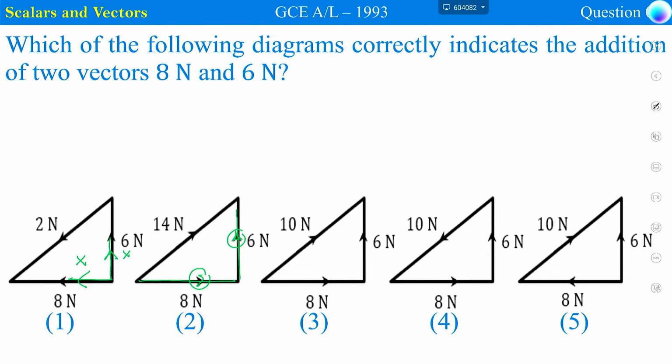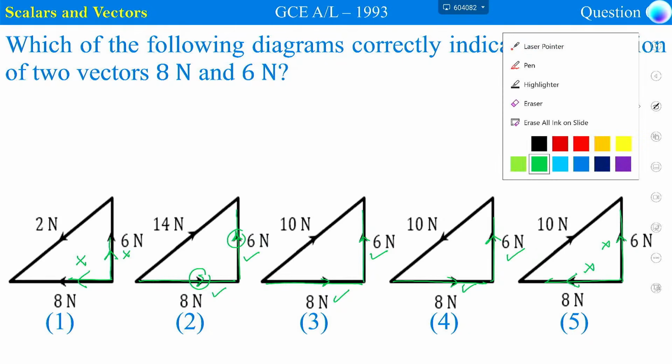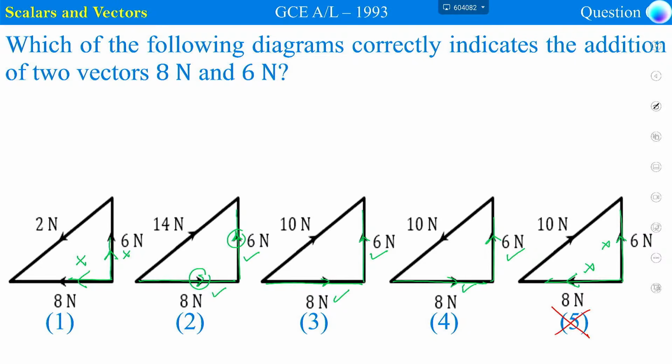Directions wise, these two are okay. But these two are not okay, because you have to go one after the other. So we can cancel 4 answers first. Answer 5 out. Answer 1 out.